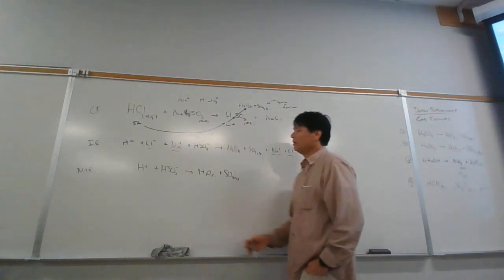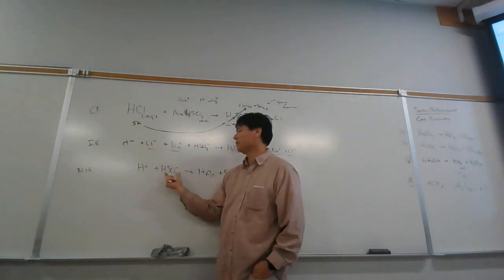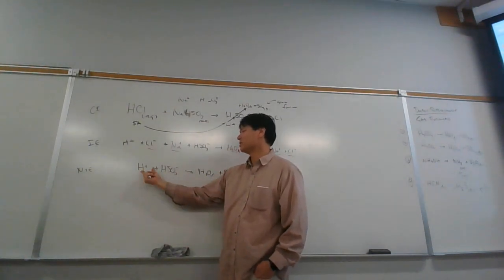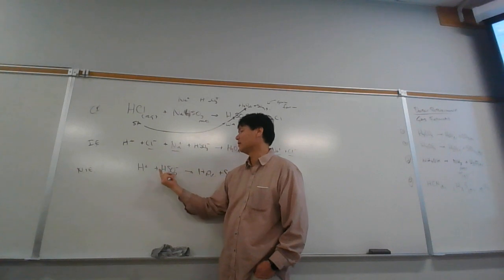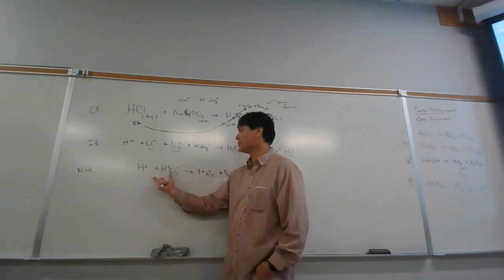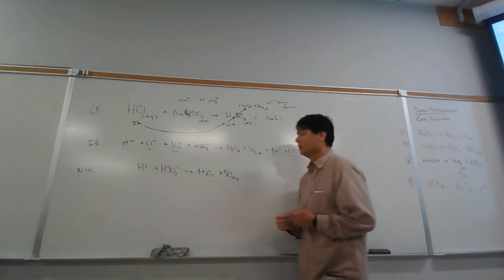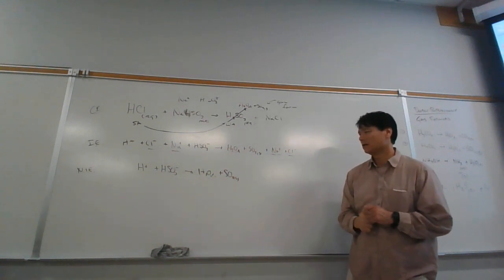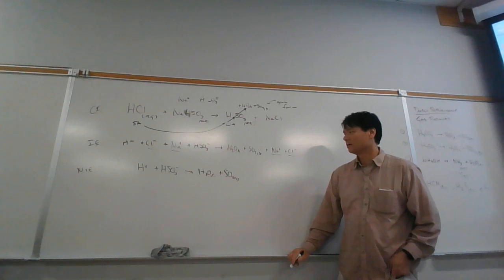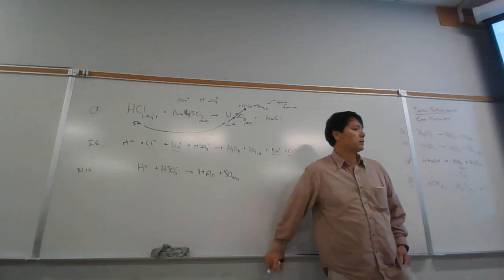In this case, if the anion were first, I might flip it because it's just nice to have the cation on the left and the anion on the right. Sometimes the anion ends up on the left and the cation on the right, so the book is just trying to get into that format. So this would be another double replacement reaction.